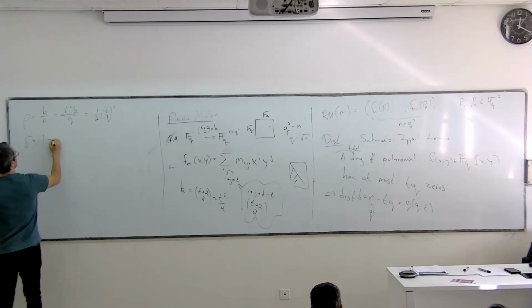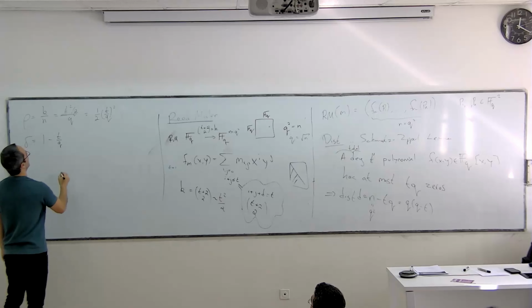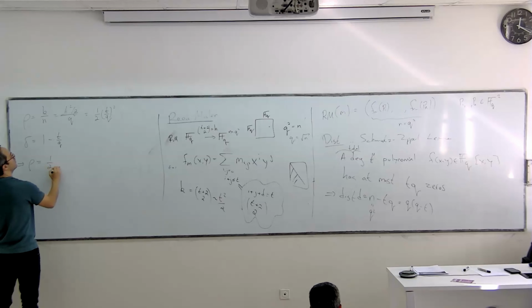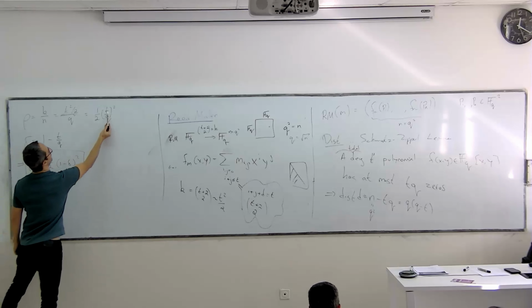So this is 1 minus T over Q. The best way I like to write it is that the rate is half of T over Q squared, and the relative distance is delta equals 1 minus T over Q, so just T over Q appears here.